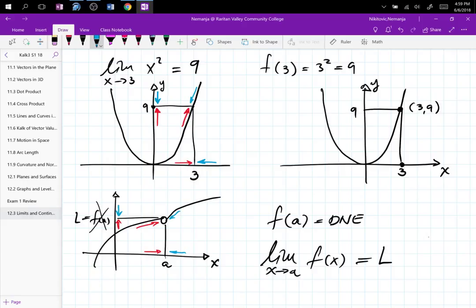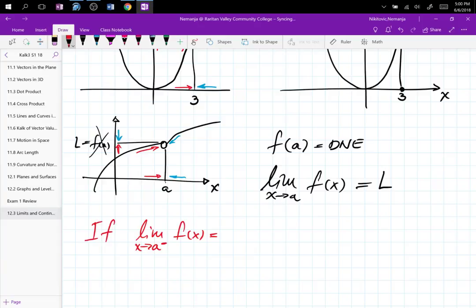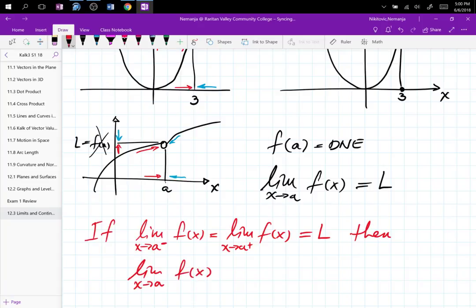So the theorem says this: if the limit as x approaches a minus, which means from the left, of f of x is the same as the limit as x approaches a plus from the right, and is equal to L, then the overall limit as x goes to a of f of x is L.